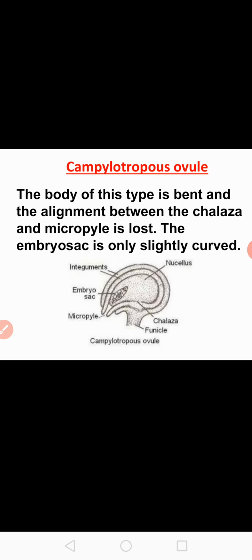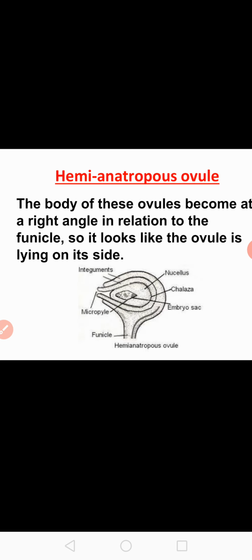Moving on to the next type, campylotropous ovule. The body of the ovule is bent and the alignment between the chalaza and micropyle is lost, and the embryo sac itself is only slightly curved. So in hemianatropous, the chalaza and the micropyle lie in the same direction, right?